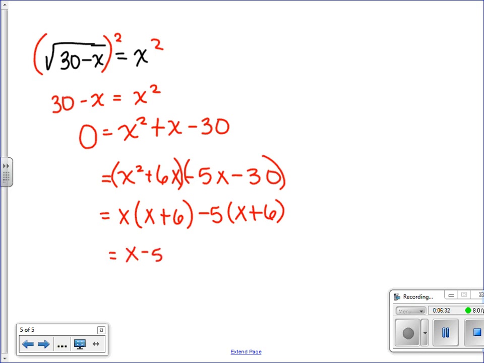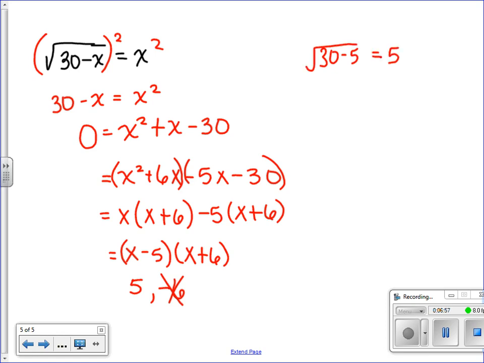X minus 5, x plus 6. So that means x equals either 5 or negative 6. I know it's not going to be negative 6 because that's just equals x. It's not going to equal a negative. So I'm just going to check the 5. Make sure the 5 works. The square root of 30 minus 5 equals 5. That's the square root of 25 equals 5. We're good. That's my answer.